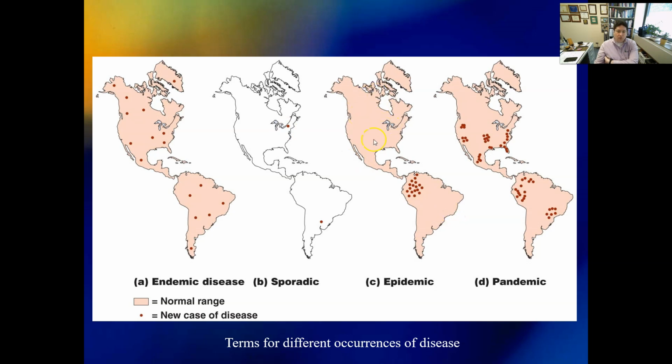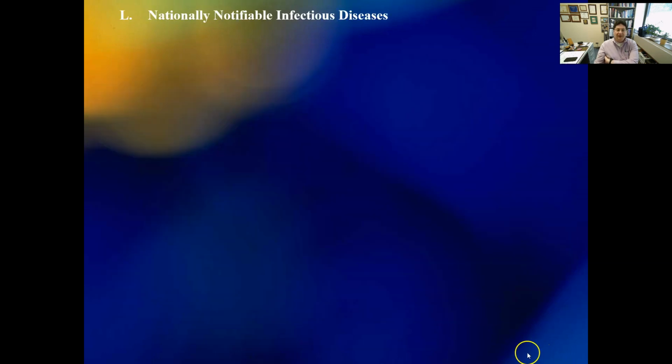Epidemic, look, it's normally present, but in greater frequency right here. So there's an epidemic of something there. And then a pandemic would be this greater frequency on more than one continent. All right? Makes sense?